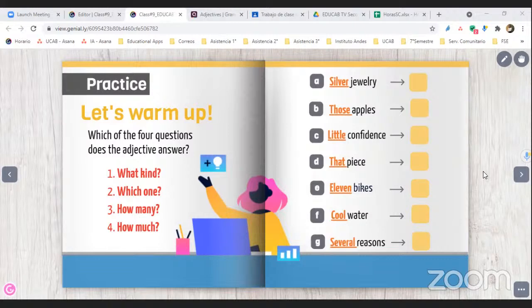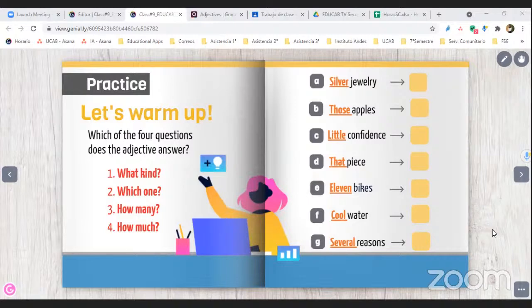Okay, so we have here 7 nouns that are next to an adjective, and we have to find out and identify which is the question that the adjective is answering, okay? So for example, here we have silver jewelry.